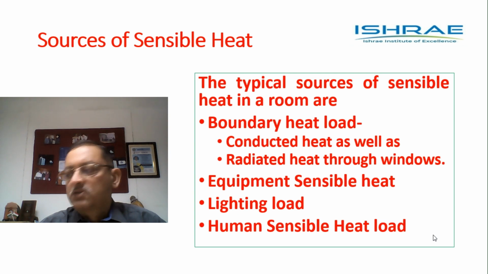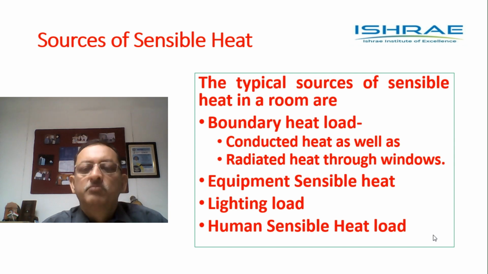If the room has some computers, servers, desktops, a TV, or any other electronic or electrical item which is consuming some amount of energy, that will be emitting heat. The lighting load in a room will have lights, and the lights will cause an increase in sensible heat. It is because energy cannot be created, cannot be destroyed.